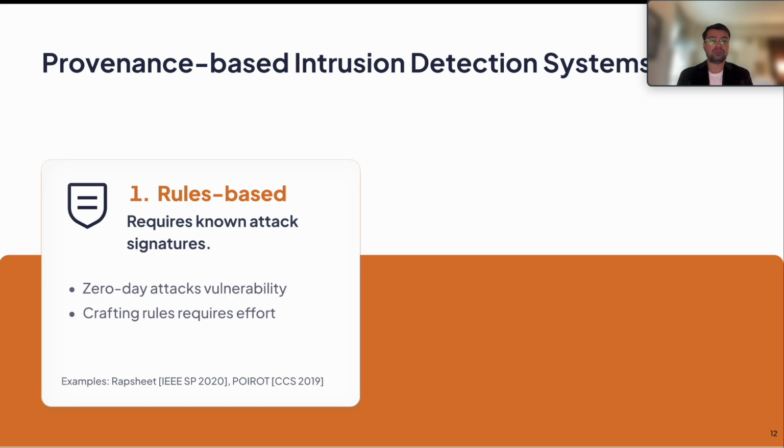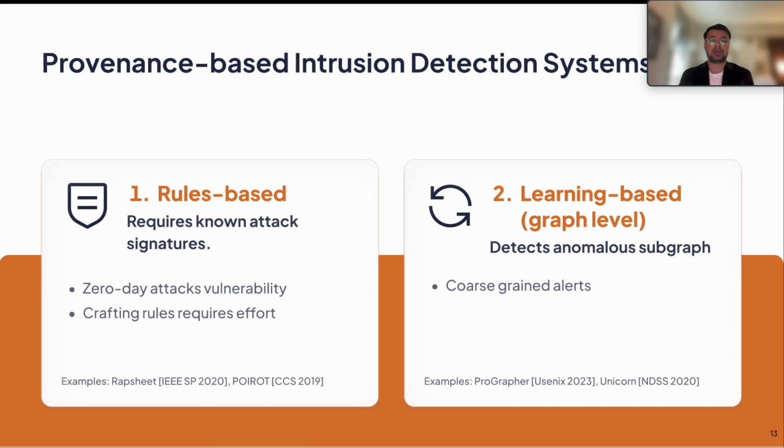And crafting rules for these types of systems requires effort. The second type of system is the learning-based graph level systems, which detect anomalous subgraphs from a given large provenance graph. However, these systems generate very coarse-grained alerts which are not very helpful for the analyst in pinpointing exact system attack entities.